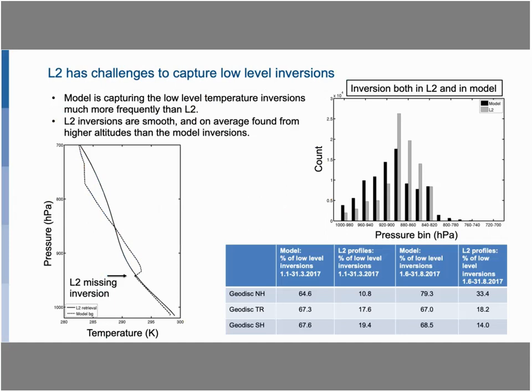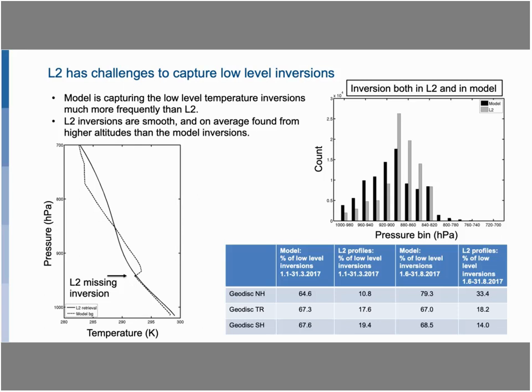And on the left, there are example profiles. The dashed line is showing the model profile corresponding to the solid line, which is a single retrieval. So in this case, the model has quite a sharp temperature inversion at low levels, which the level 2 profile is completely missing.